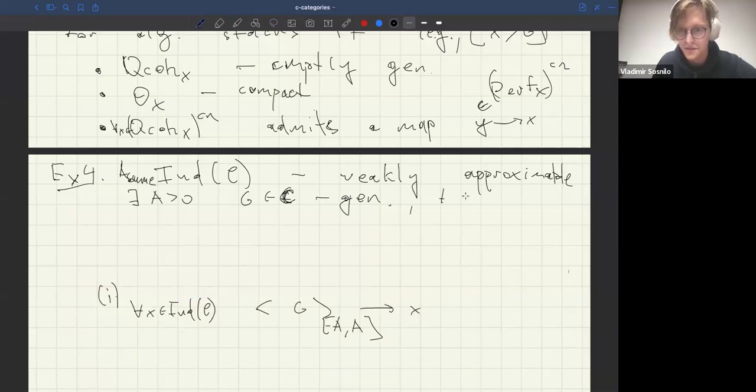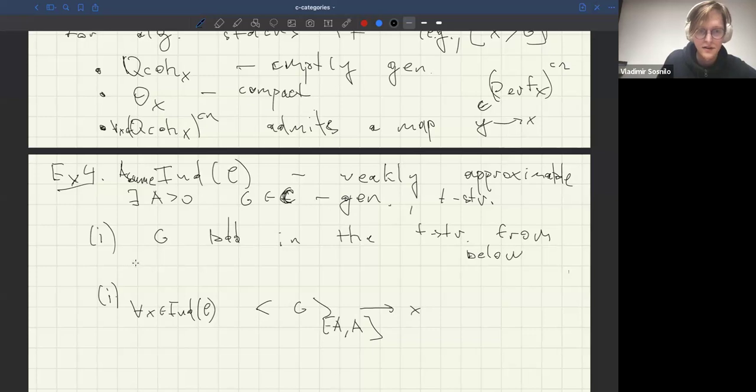And now we say that G is bounded in this t-structure, bounded in the t-structure from below, and orthogonal to high enough shifts of the t-structure from the wrong direction.